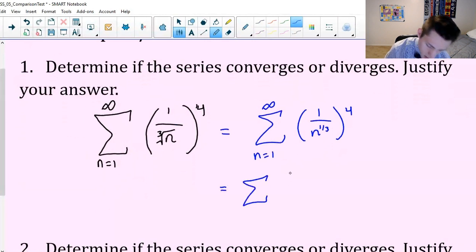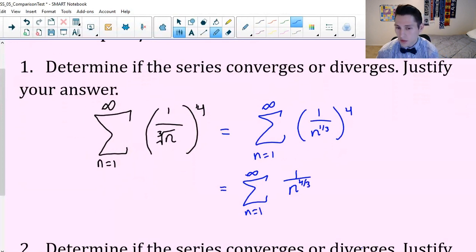And then since there's an exponent of 4 around that whole fraction, I could also think of that as 1 to the 4th over n to the 1/3 to the 1/4. And remember, exponent of an exponent, so we multiply, so this should be 1 over n to the 4/3 power.